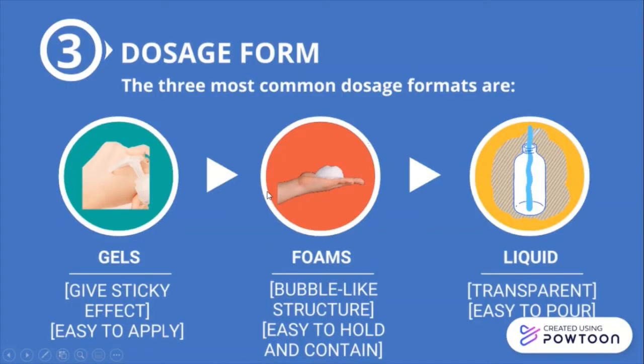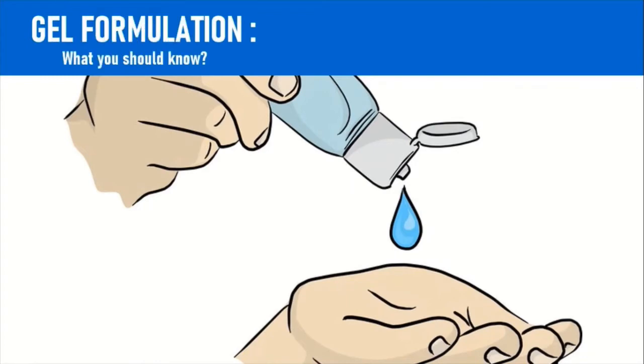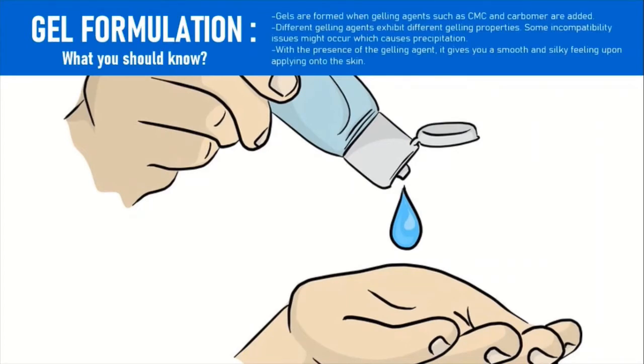So now let's go to the dosage form. The three common dosage forms of hand sanitizers in the market are gels, foams, and liquids. I will now proceed with the description of each dosage form. Now, gel formulation. What you should know. Gels are formed when gelling agents such as CMC and carbomer are added.